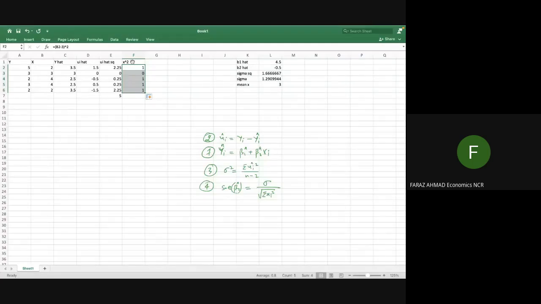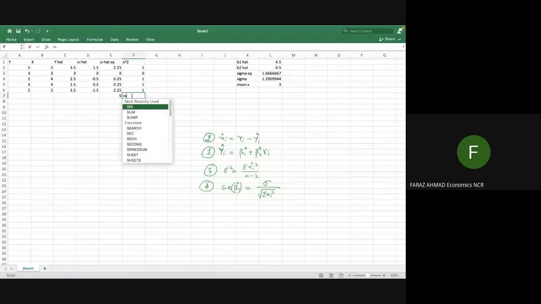So these are the x squared, and I'll sum it now. If we add all these numbers, we got sigma x squared to be 4, and then you can take the square root of this sum to put it in the denominator of the standard error.